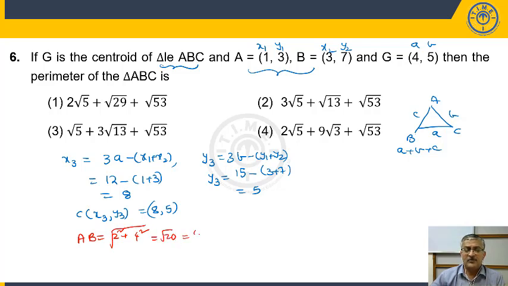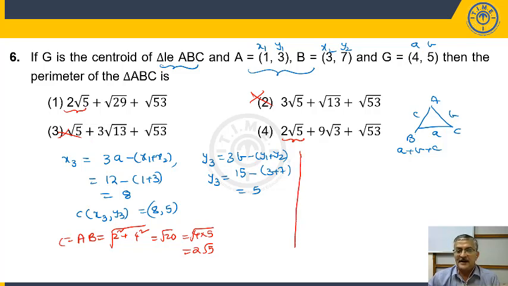Root 20 means 4 into 5, that is 2 root 5. So this is AB, which is the small c. Obviously we observe that 2 root 5 is there in the options. So this option is not correct, this option is not correct. So either only the first option or the fourth option.